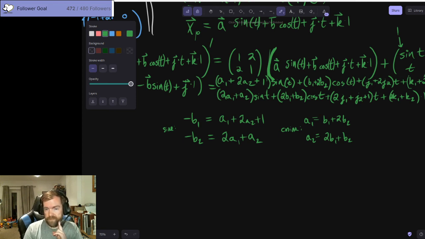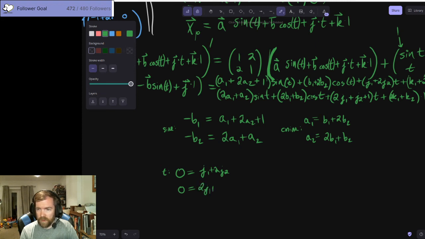Okay. T. We have on the left none. So 0 is equal to the following. So on top, our T's are J1 plus 2J2. And down bottom, we have 2J1 plus J2 plus 1.